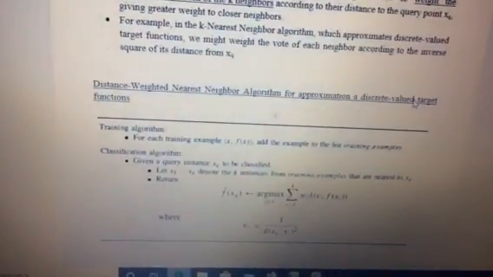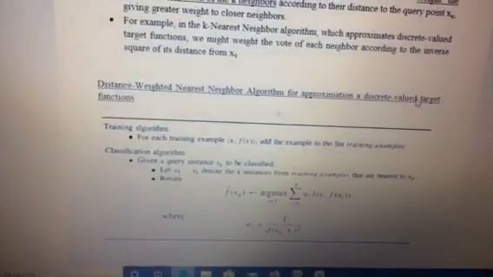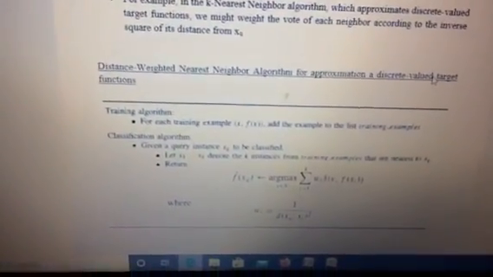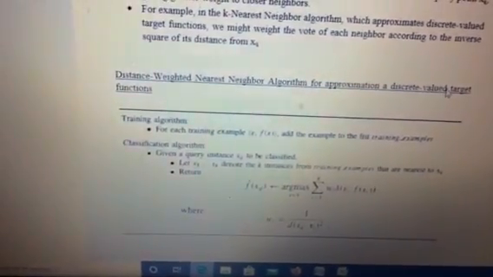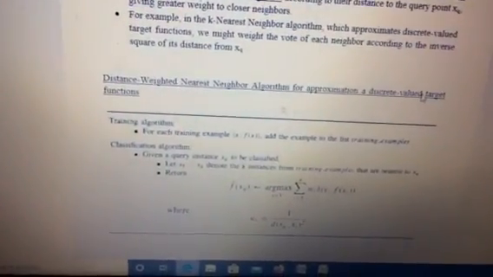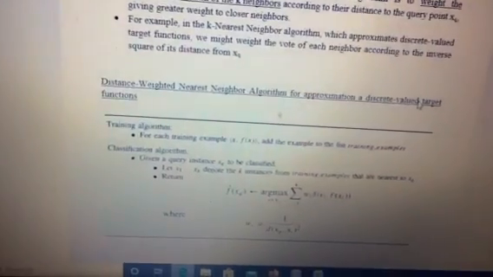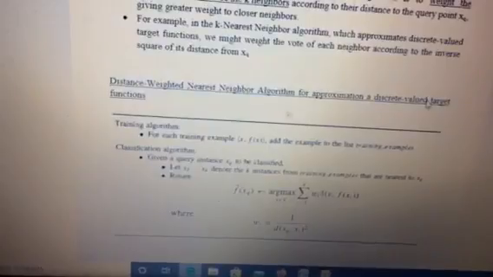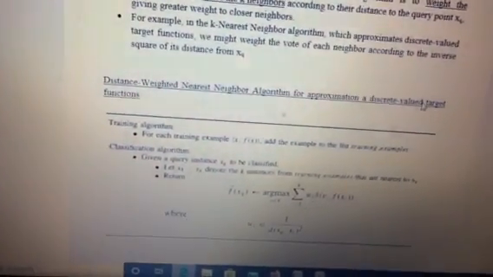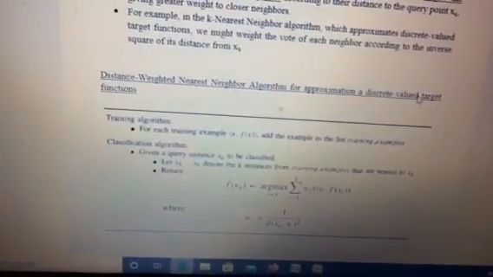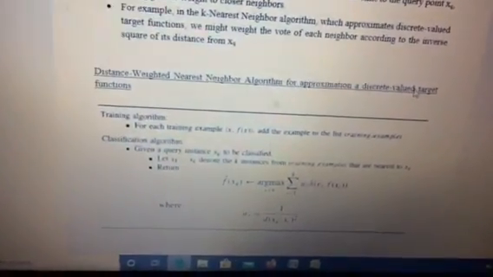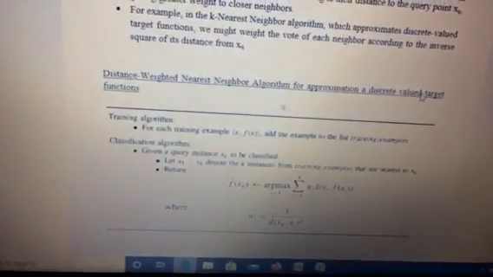The target function is the output quantity, the final prediction value or the final hypothesis value, that is the target concept. So x comma f of x means input comma output. It is represented in the form of an ordered pair, and this pair is added to the training examples list.